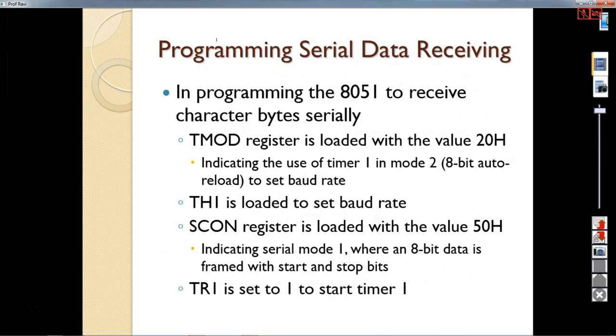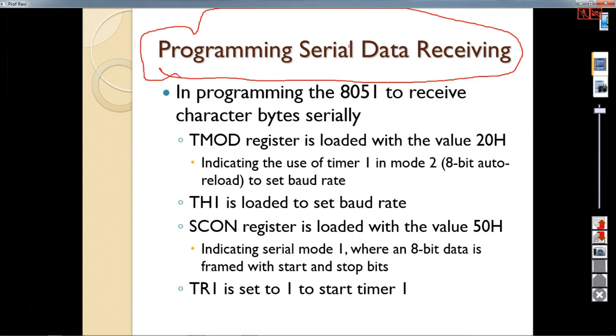Now we will see how we can receive data on the 8051 microcontroller. In programming 8051 to receive a character byte serially, we load 20H in the TMOD register as usual to provide the baud rate, and TH1 is loaded to set the baud rate.